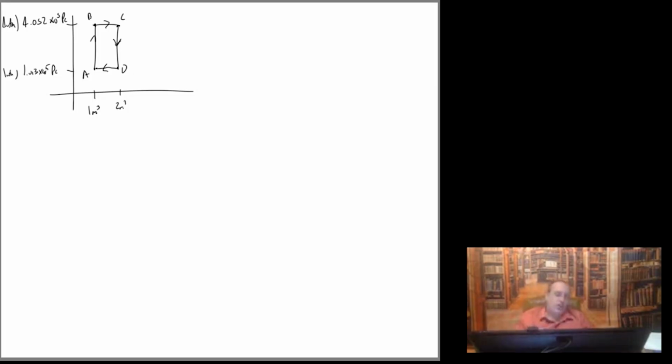And suppose the initial temperature is 300 Kelvin. And we want to find the network, the heat input, and the efficiency.